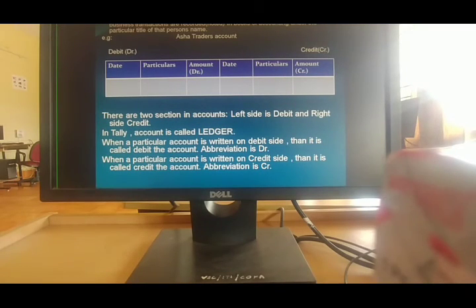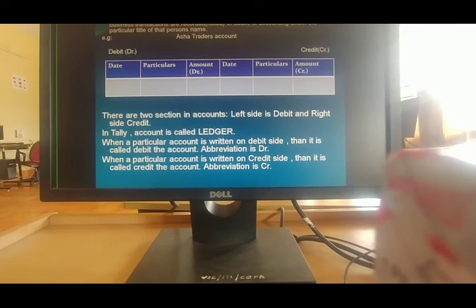Got the difference between debit and credit? Debit and credit play a very important role further when you learn Tally software, to enter the entries into the Tally transactions. For all these transactions you must thoroughly know debit and credit.